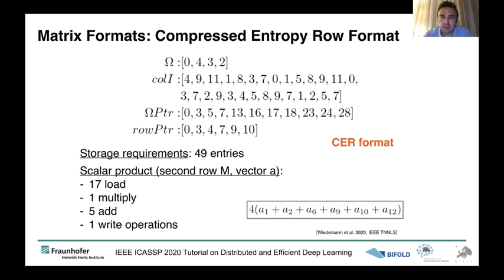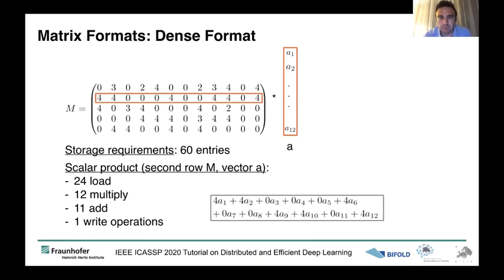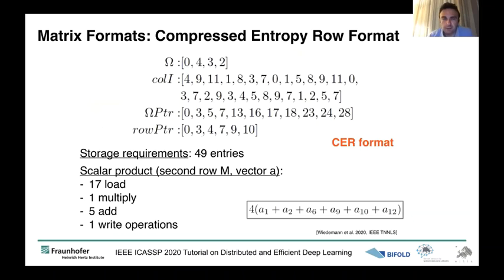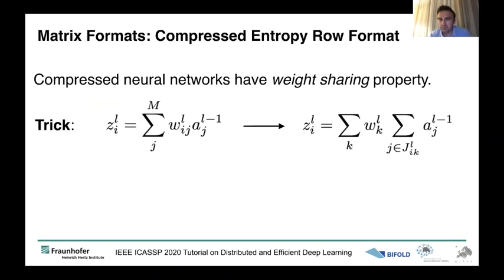So the second most frequent is the number 4. And this column I tells you that the number 4 is at the 4th position in the first row. The 4th position is actually the 5th position, because we start counting with 0. So you see that you have this 4 at the 4th position. And then the next column index is 9, which is the 10th position in the matrix.